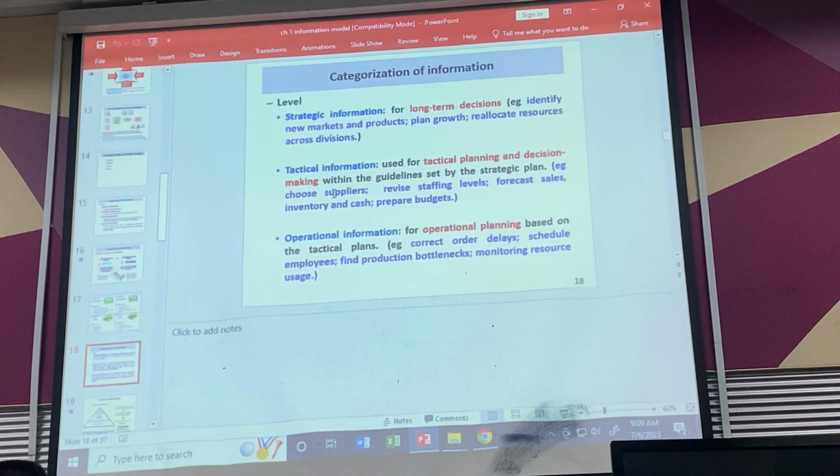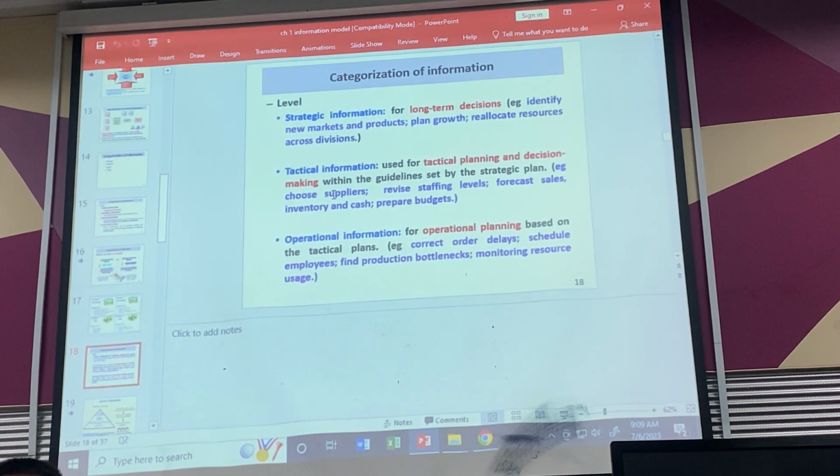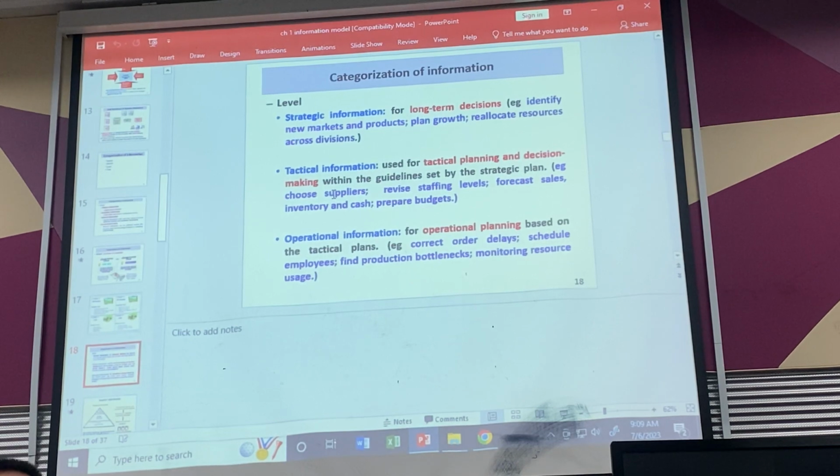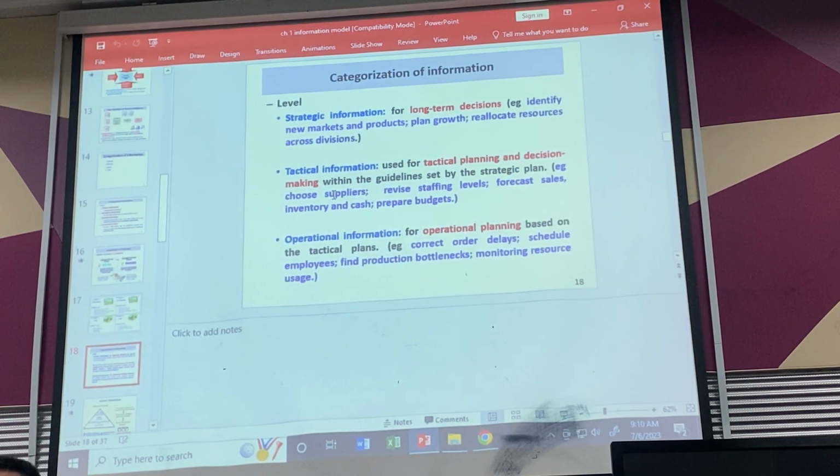For example, strategic information. I want to produce the cheapest car, a new one at 22,000. But how many are going to buy? It's a manual gear. How many can drive manual, especially in KL where it's very jammed? I don't know.